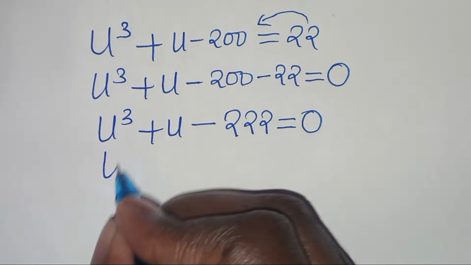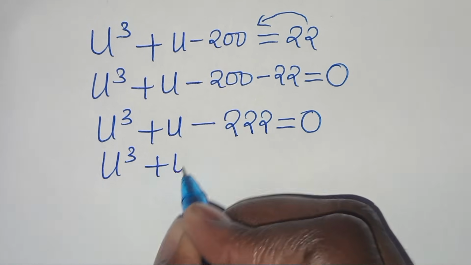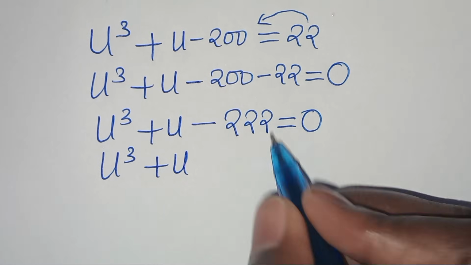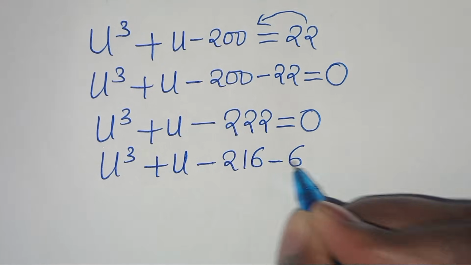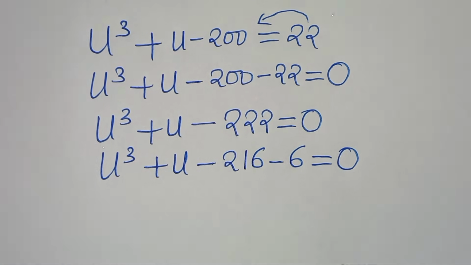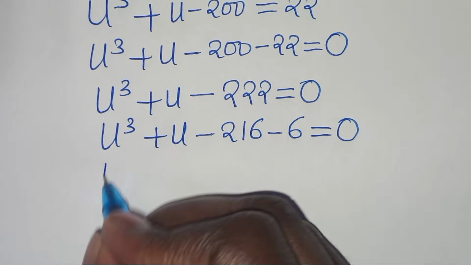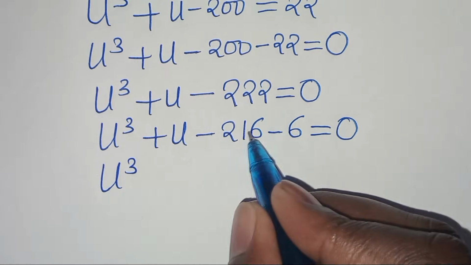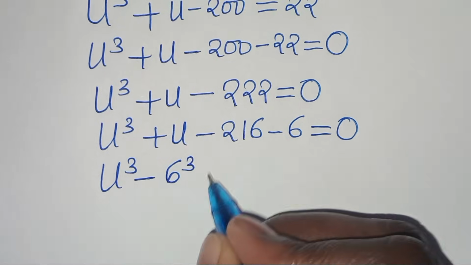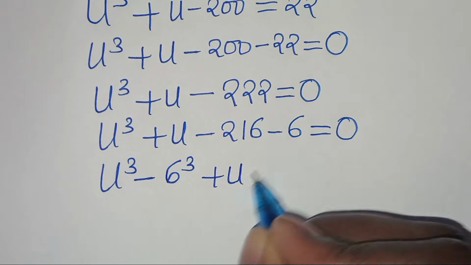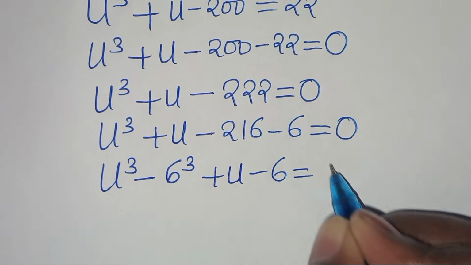So we have u to the power of 3 plus u minus 222, which is minus 216 minus 6, equal to 0. Now we have u to the power of 3 minus 216, which is minus 6 to the power of 3, then plus u minus 6, equal to 0.